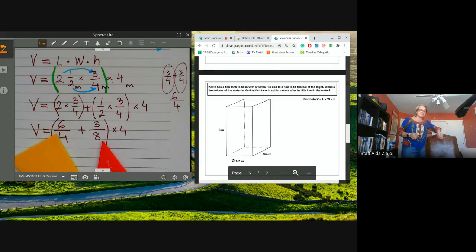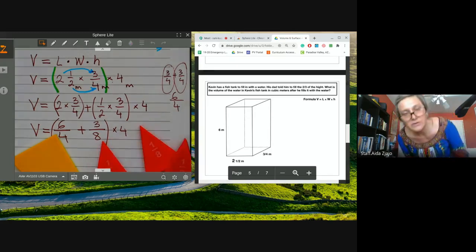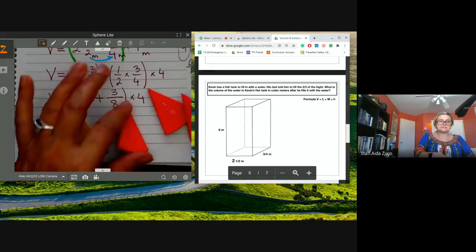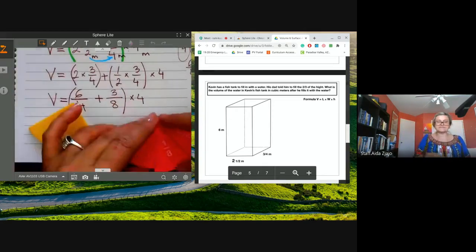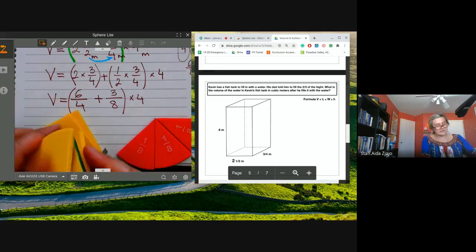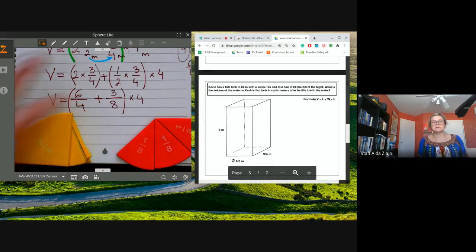My concern is, do you know how to add the fractions when they are not the same size? Apparently, the 8ths are smaller than the 4ths. You have 6 of those and only 3 of those.